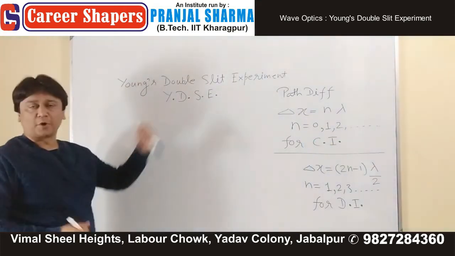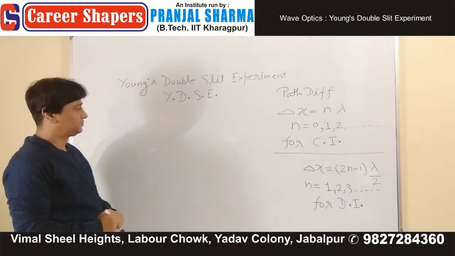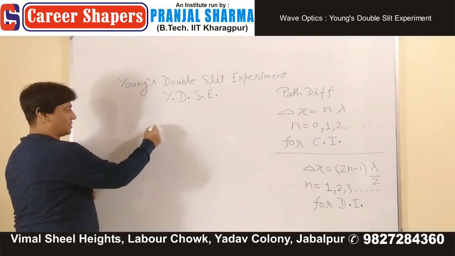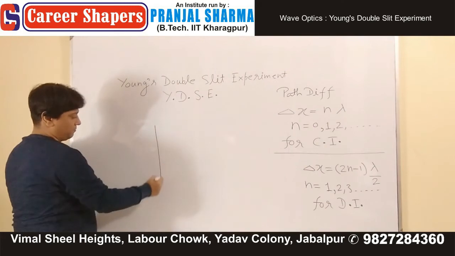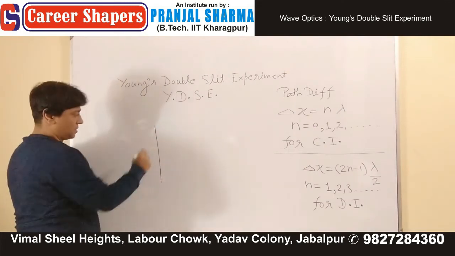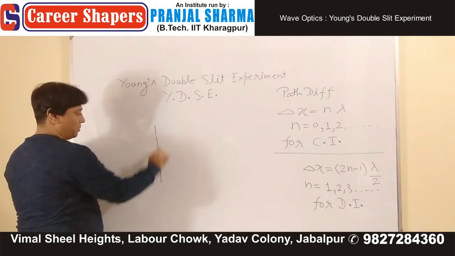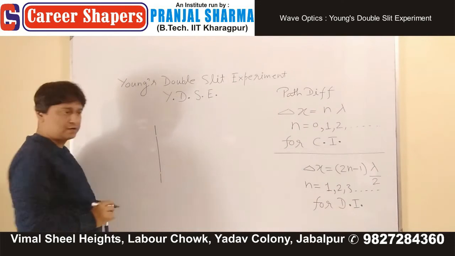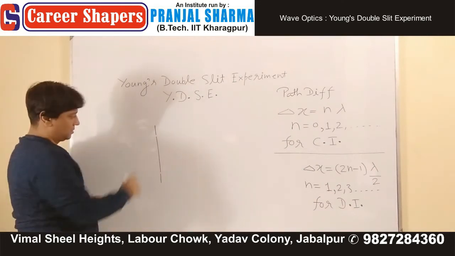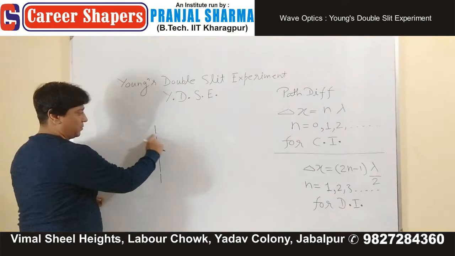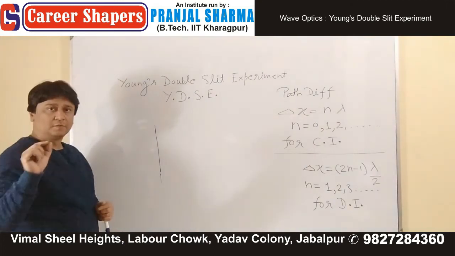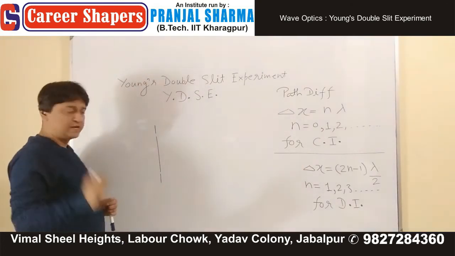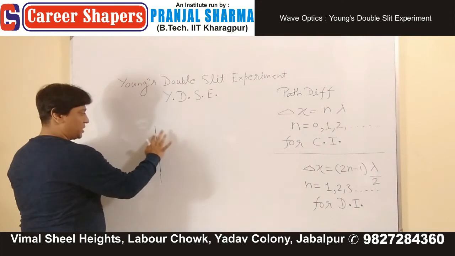Now look, how do we produce coherent sources? Take a cardboard, make two slits in it. They are very thin, narrow slits, but just so that you can see them.